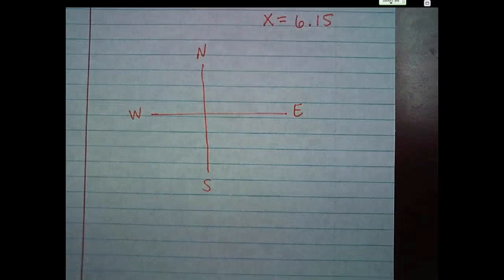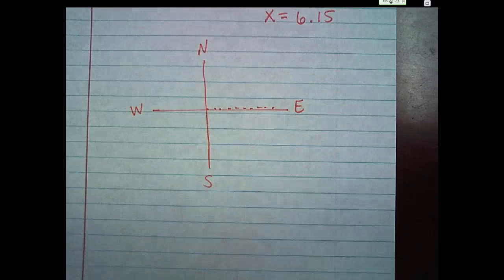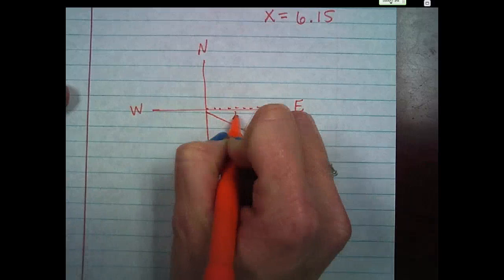If I'm talking about direction, and I have an airplane on a runway, and their runway is facing east, when they take off, they want to go in this direction, about 10 degrees.